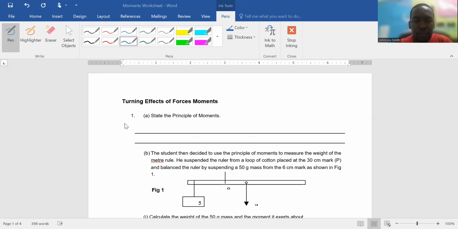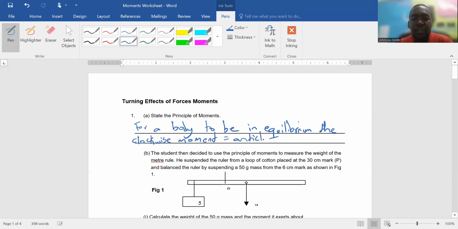The second condition is the conservation of moments, which tells us that for a body to be in equilibrium, the clockwise moment is equal to the anti-clockwise moment, and this is only true if no external forces are present. So this is the conservation of moments, or the principle of moments.